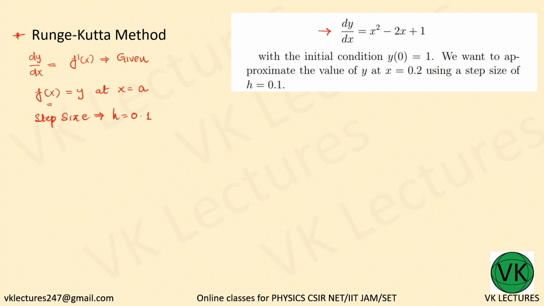Now we need to apply the Runge-Kutta method. Let us say we are applying the fourth order Runge-Kutta method, that means up to order 4. Now dy by dx equals x square minus 2x plus 1, and y of 0, the initial condition, is given as 1.